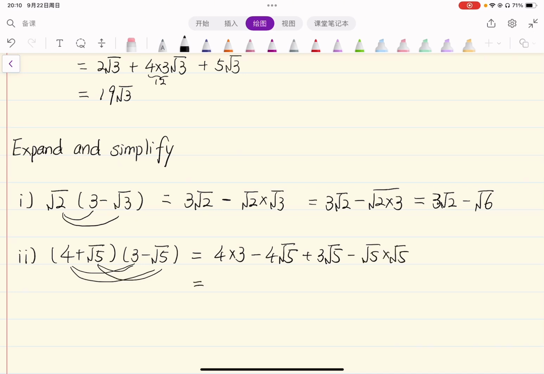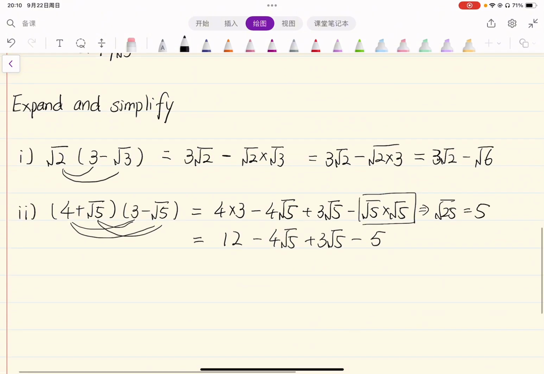What do we get? 12 minus 4 square root of 5 plus 3 square root of 5 minus 5, because square root of 5 times square root of 5 gives square root of 25, which equals 5. Then it equals 12 minus square root of 5 minus 5, which equals 7 minus square root of 5. That is the answer.